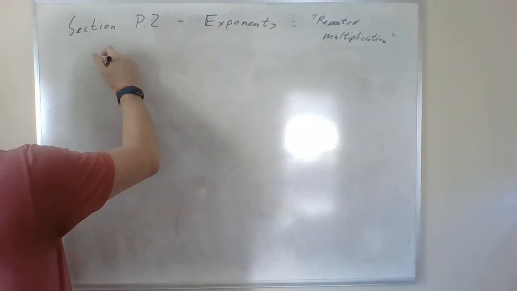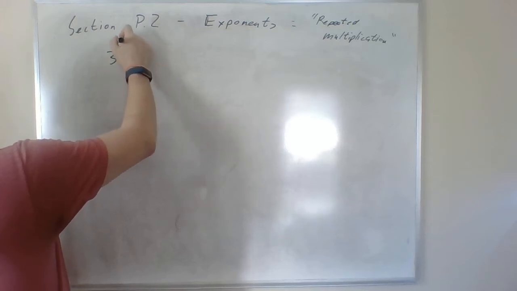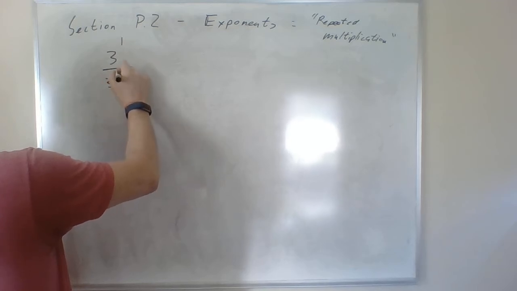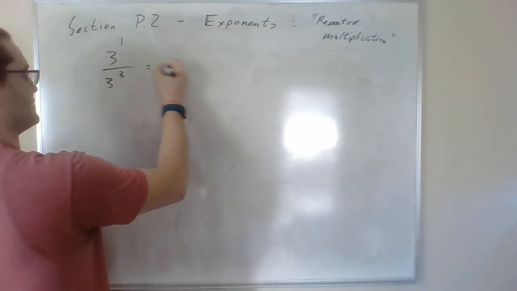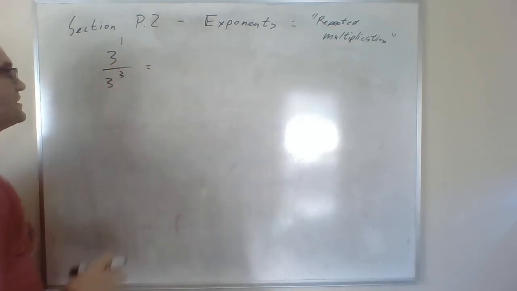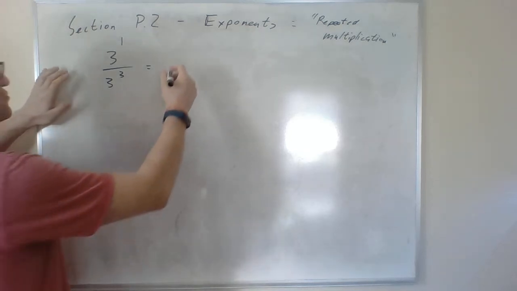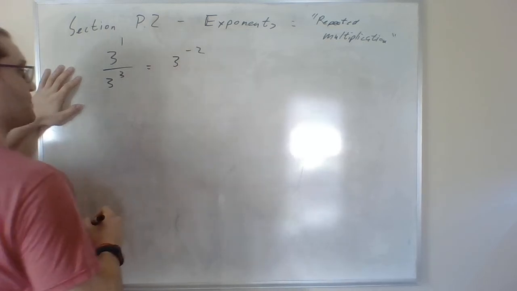Let's start with a slightly different thing. Let's do 3 to the 1 over 3 cubed. We know because of properties of division that if we leave this in terms of exponents, this should be 3 to the -2.